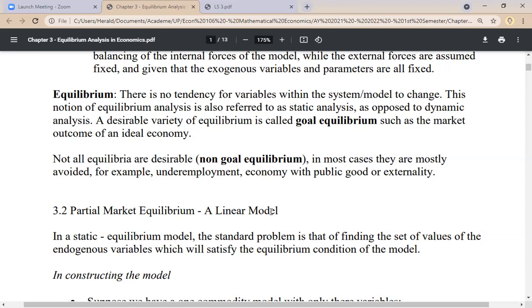So it means to say that if we have an equilibrium price and quantity in a supply and demand market model, then this disequilibrium refers to excesses, referred to as shortage and surplus.